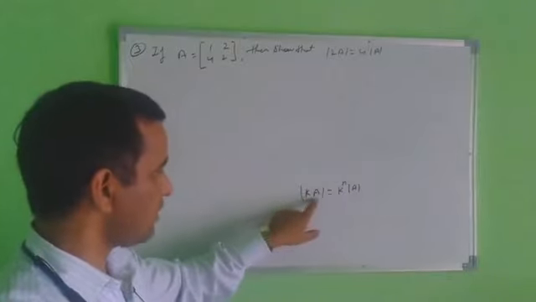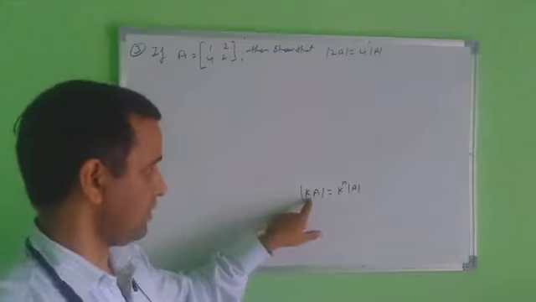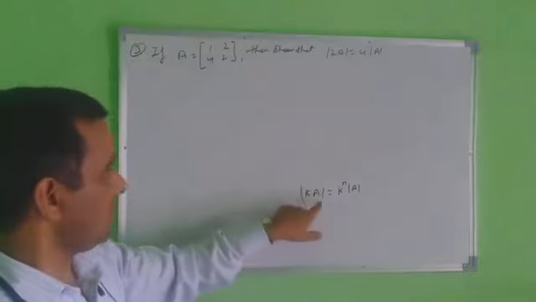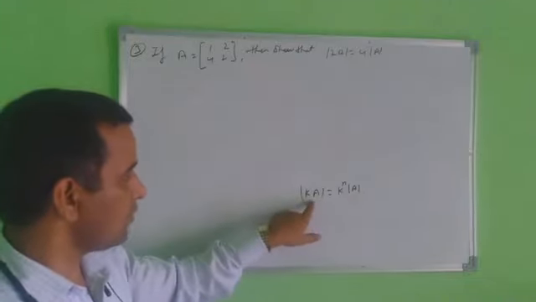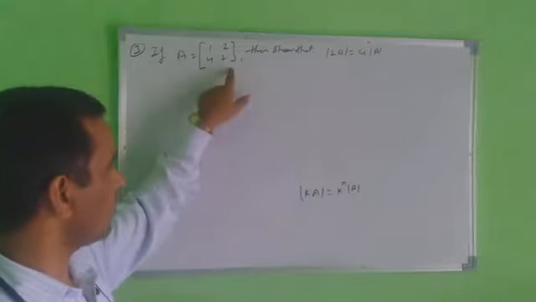The determinant of kA equals k to the power n times the determinant of A. What is the meaning of k here? k is any scalar number, A is any matrix, and this determinant equals k exponent n. What is the n here? n is the order of the matrix.